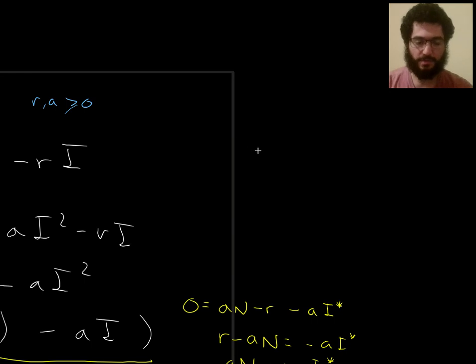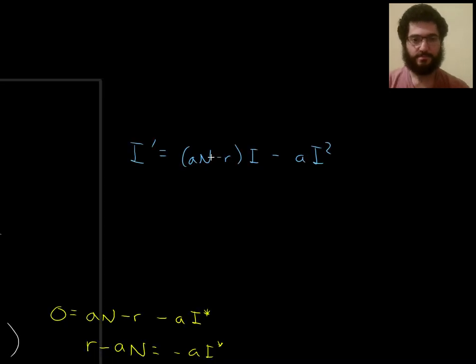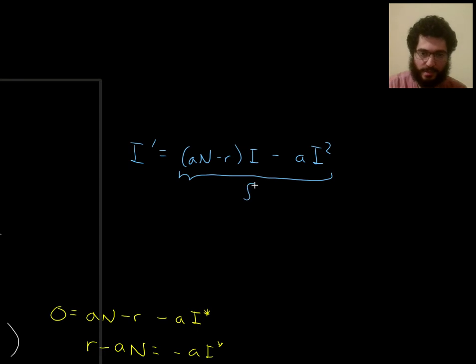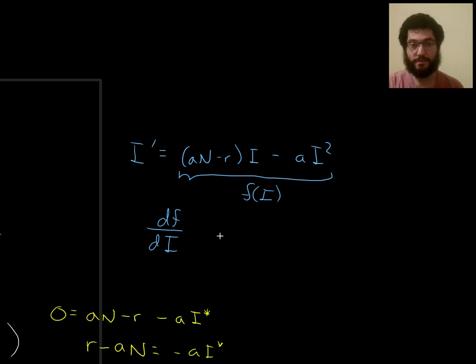So I'll do that off to the side over here. Let me copy down the differential equation. All right, so I just copied over the differential equation. It looks like this. And what I'm interested in is if I call this part f of I, then I'm interested in knowing about df di. And specifically, I want to evaluate it at those critical points, at those yellow dots.